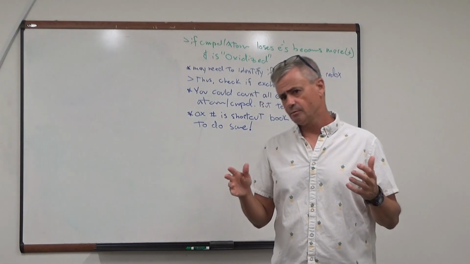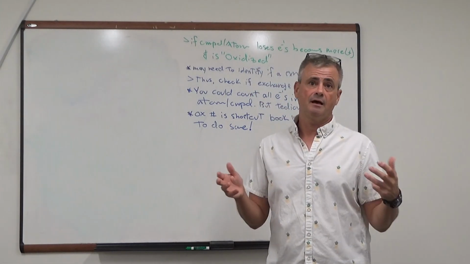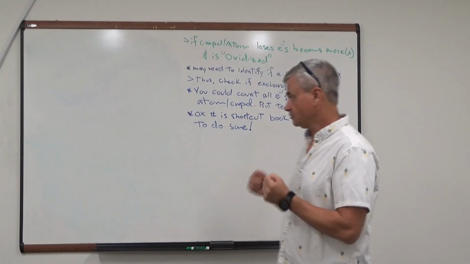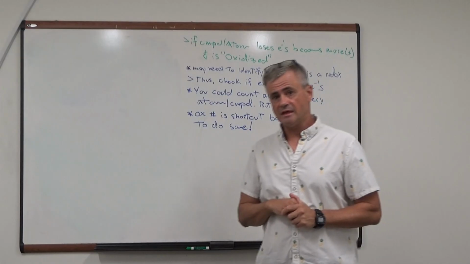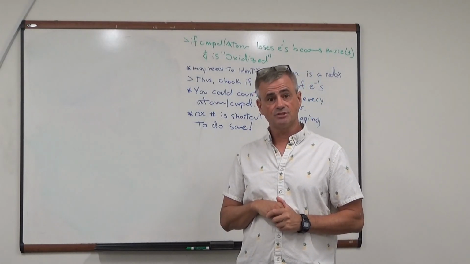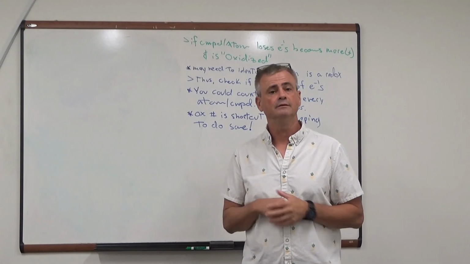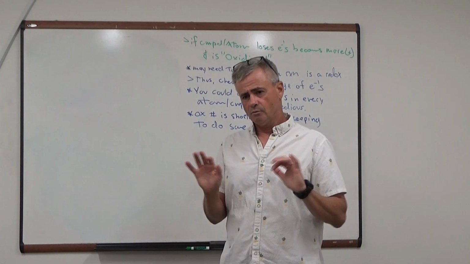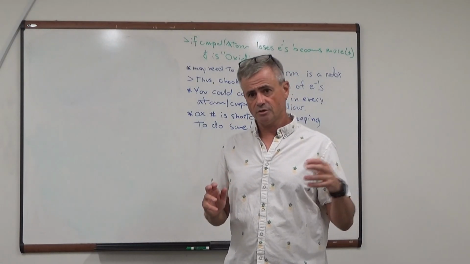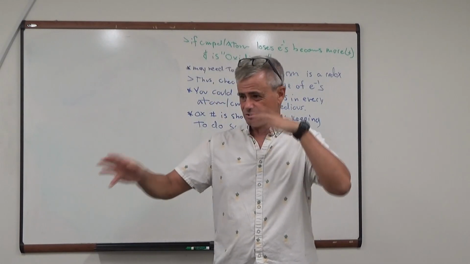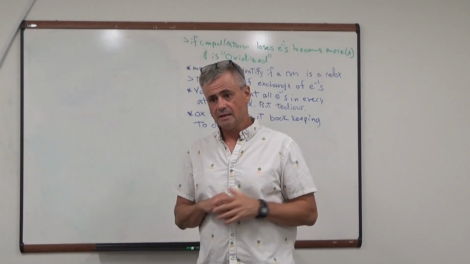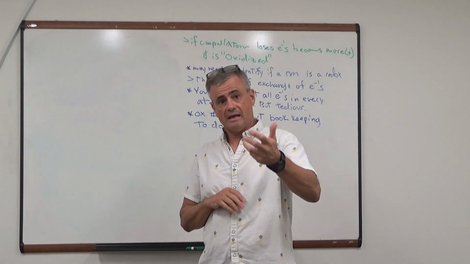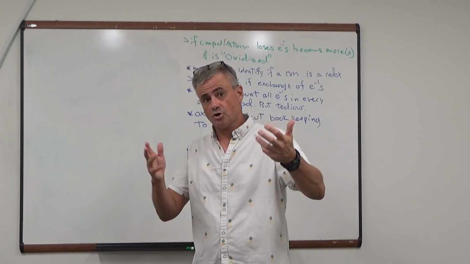Really, oxidation state number is just, we've set up some rules. It's sort of a bookkeeping technique to be able to identify if there's been an oxidation state change, a redox reaction. And formal charge is a way of looking at a compound, and we're not so worried about whether there was an exchange of electrons. We want to look at a compound and all its shared electrons and everything, and decide if there is an atom in there that actually has a negative charge or a positive charge on it.